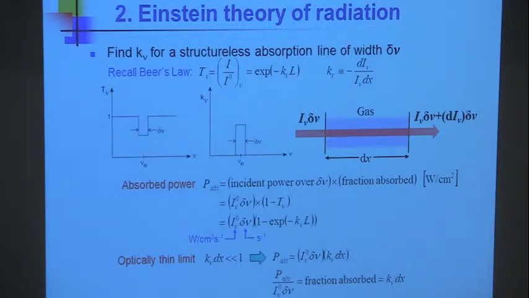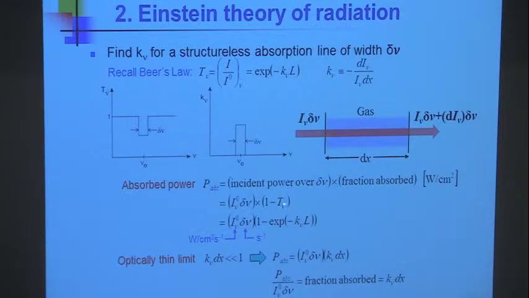Now I use conservation of energy to look at the incident light in a frequency interval that's coming in and then going out. I can say that the absorbed power must be the incident power times the fraction absorbed. I'm talking about some packet of light of frequency interval delta nu.